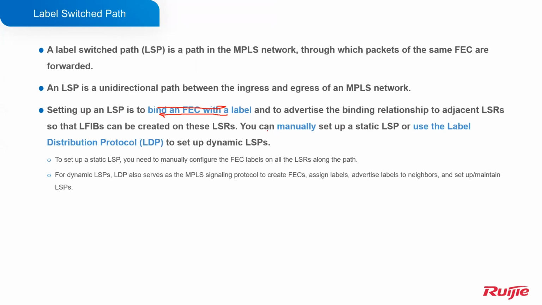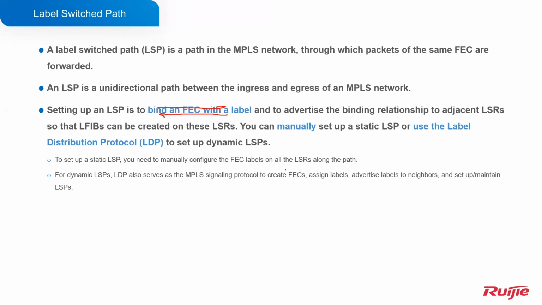About the LSP, you can manually set up a static LSP, or use the protocol LDP, label distribution protocol, to set up a dynamic LSP. The difference is that for a static LSP, you need to manually configure the FEC label on all the LSRs along the path.